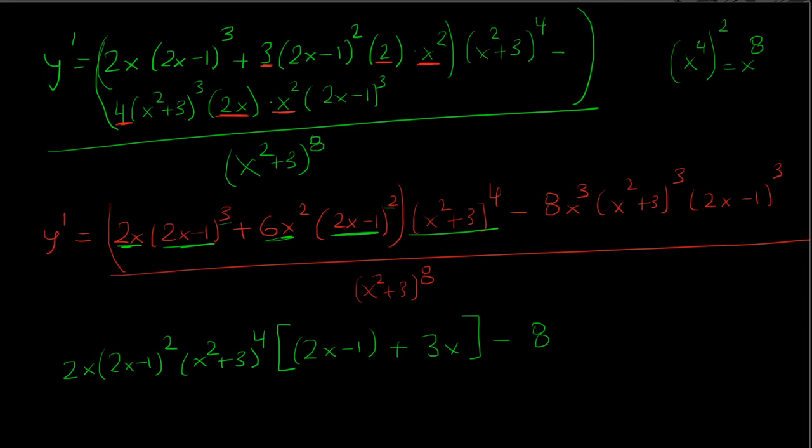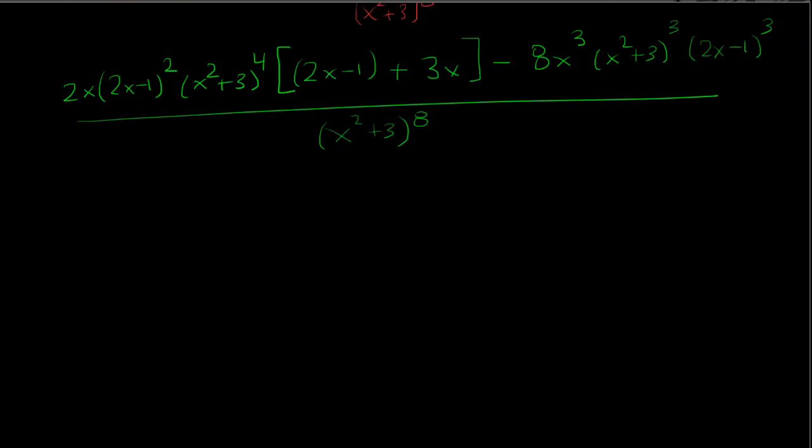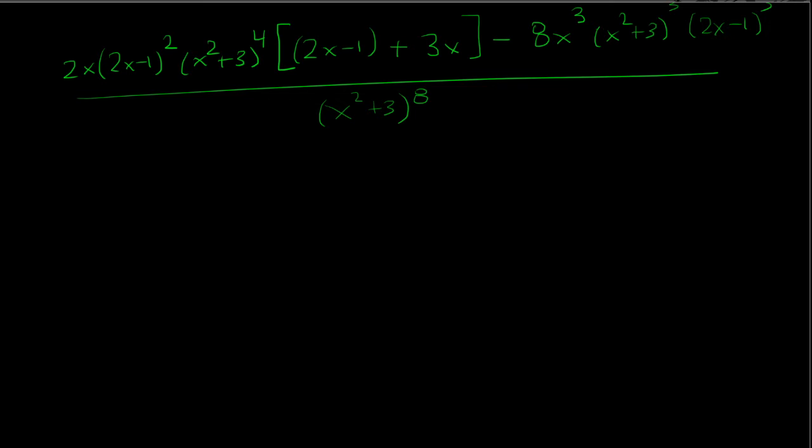And then I'm going to leave everything else the same. Okay, can simplify what's in the parentheses now. So I have 2x and 3x will give me 5x.